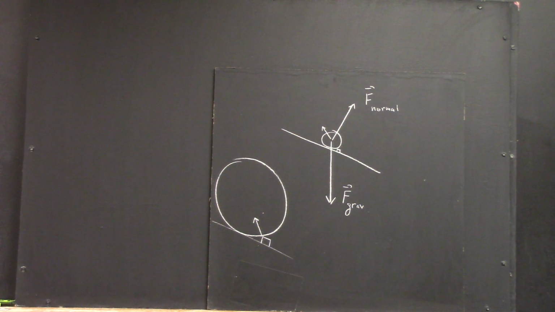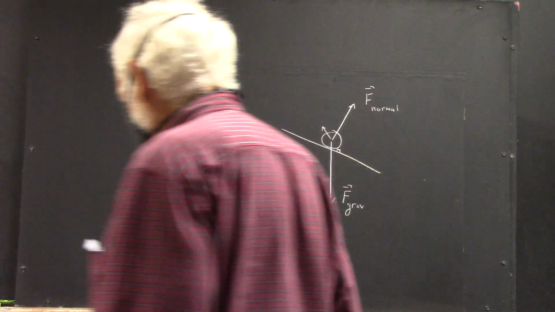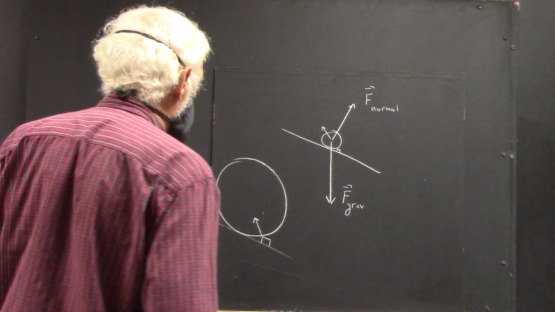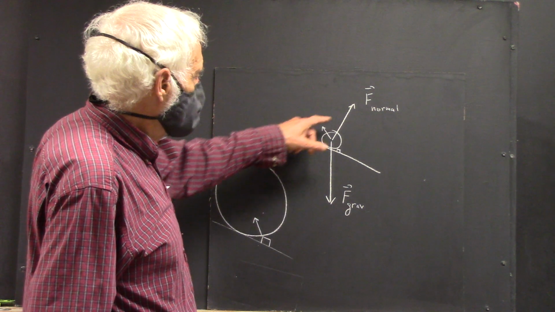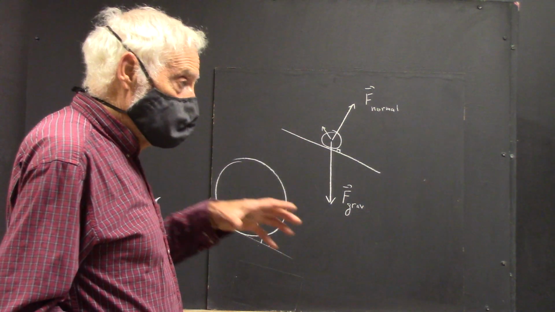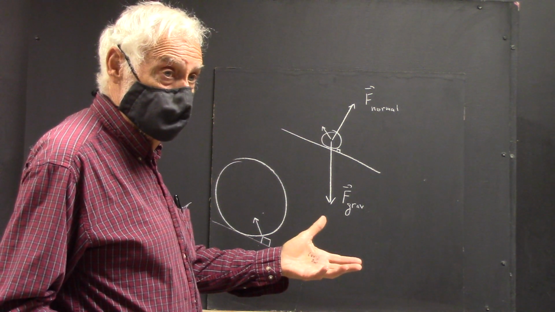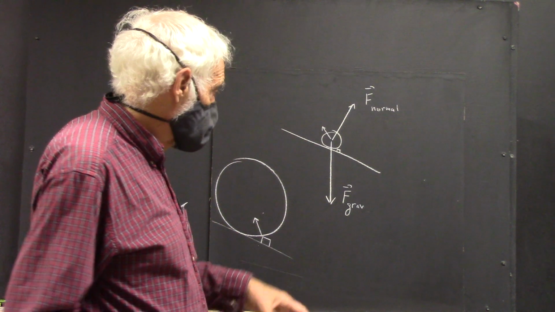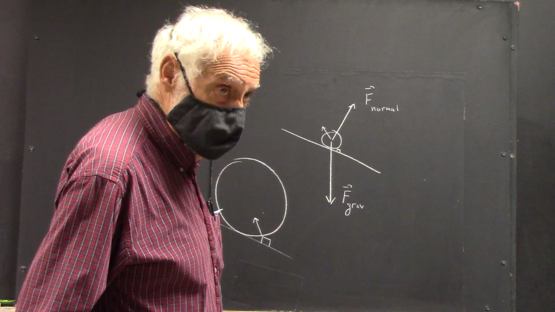Now, at least one of you mentioned a frictional force. These three forces prevent the ball from moving. If the ball isn't trying to move, then there's no frictional force. There are better ways to explain that, but that's kind of what the three forces look like. Okay?